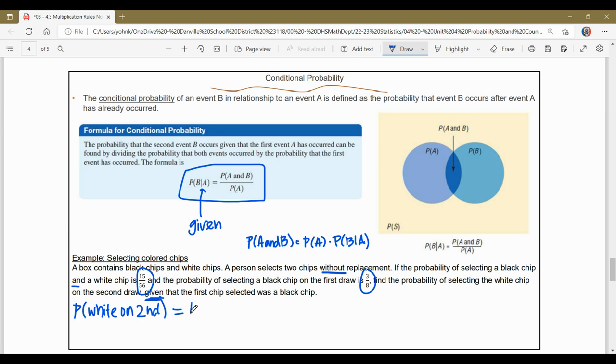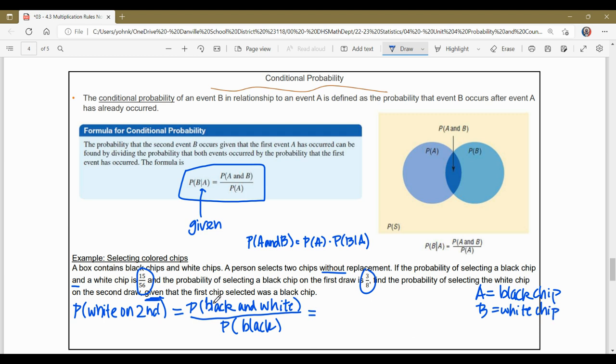And so I can find the probability of black and white on top, and I can divide it by the probability of a black chip. So I guess this is assuming that A is getting a black chip and that B is getting a white chip. Oh, I guess I could have used B for black. Oh well.